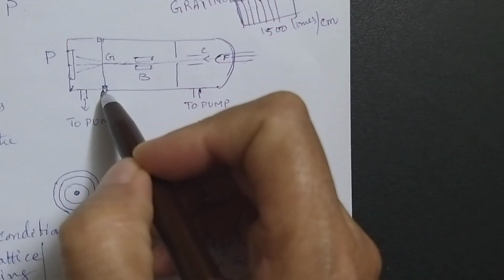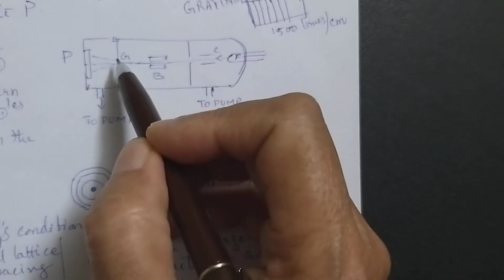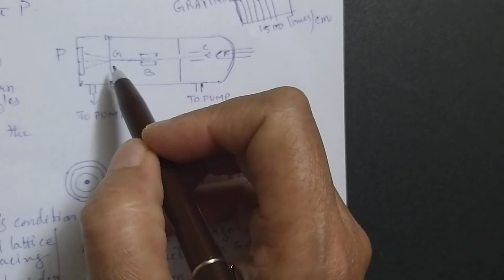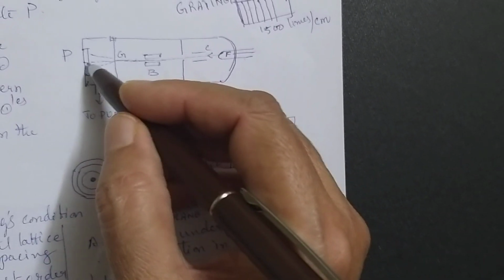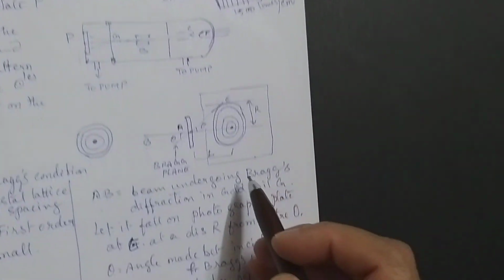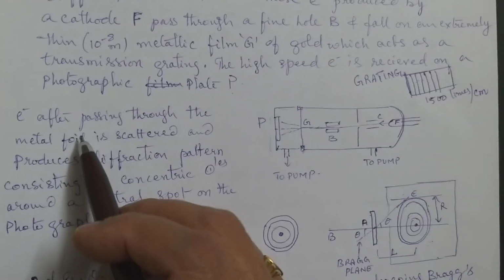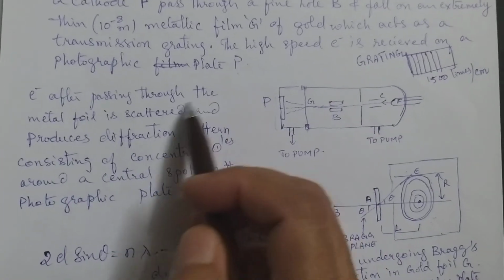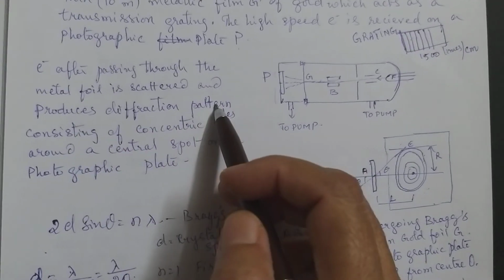This is the gold foil, and it acts like a grating because the atoms are uniformly distributed. At the atom the electron is stuck, and between the atoms it passes. So when it passes, it acts like a grating and produces the diffraction effect. That is what is written here: the electron after passing through the metal foil is scattered and produces a diffraction pattern on the photographic plate.